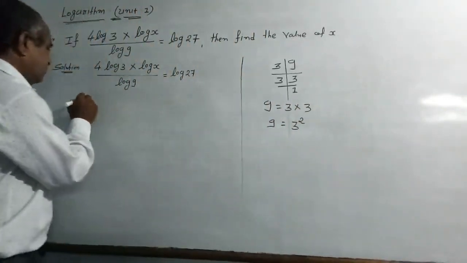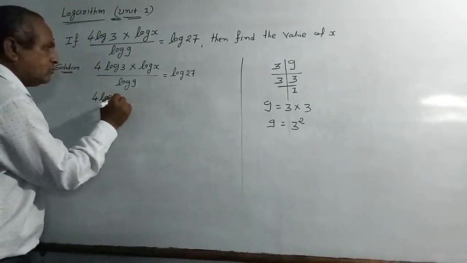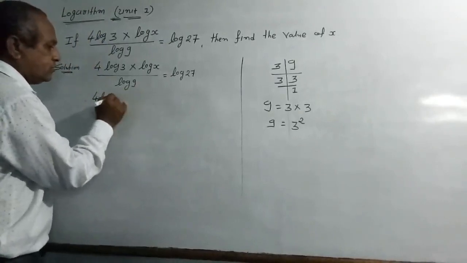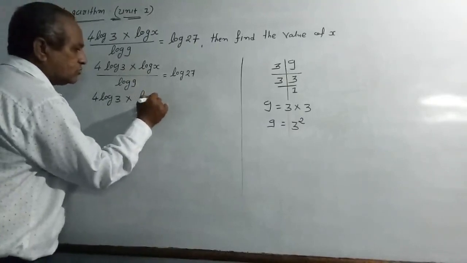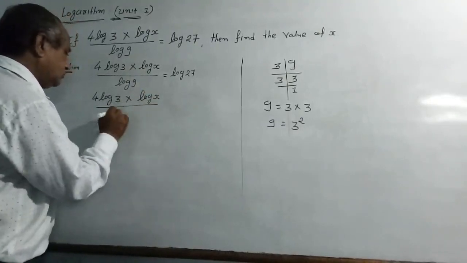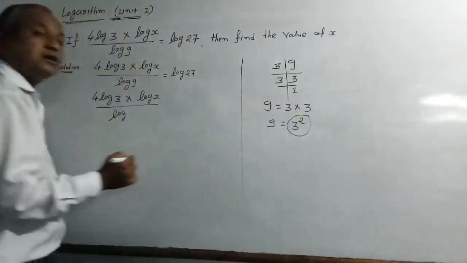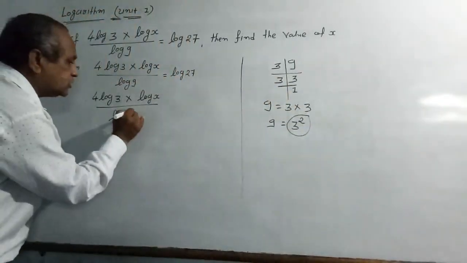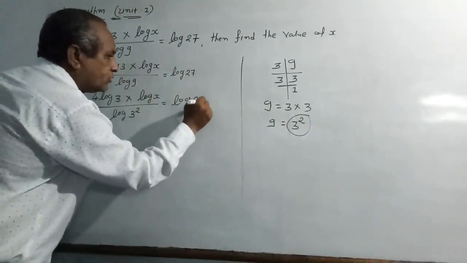So we write 4 log 3 multiplied by log x by log 3 square, which is equal to log 27.